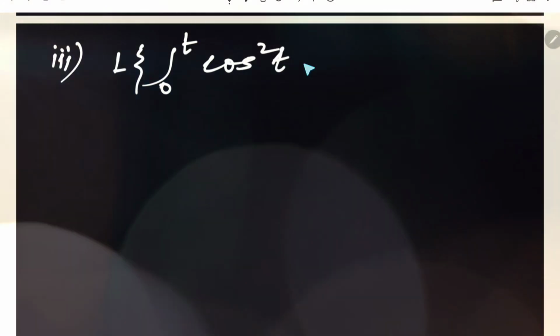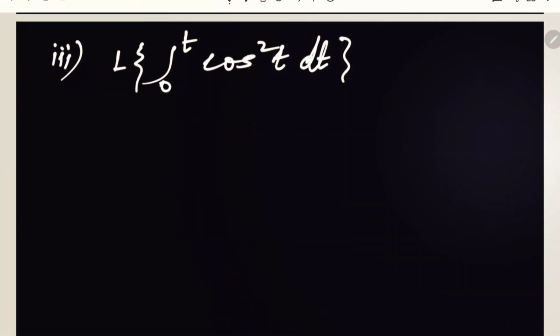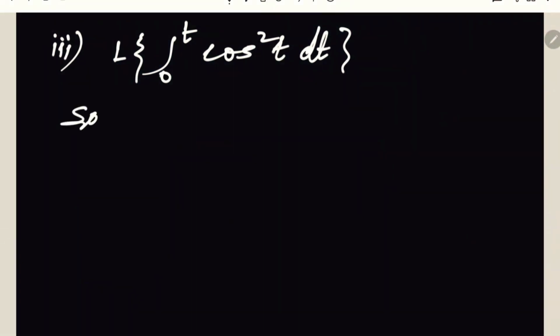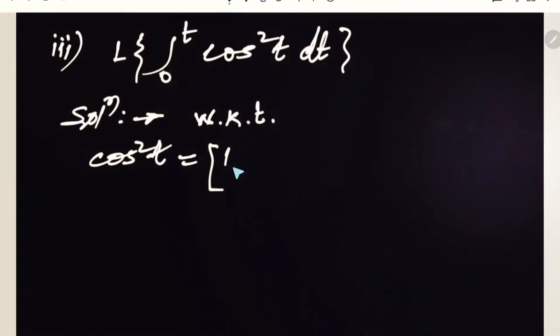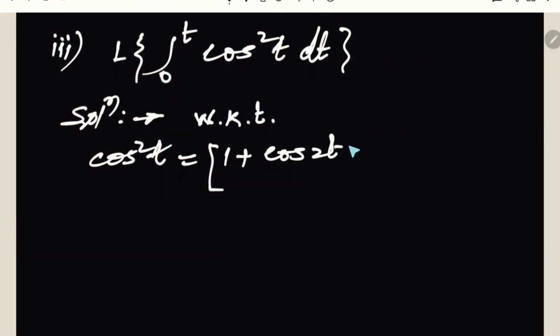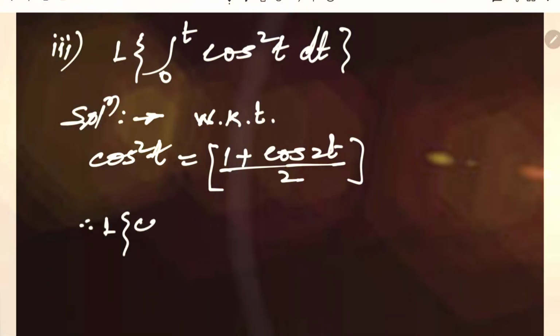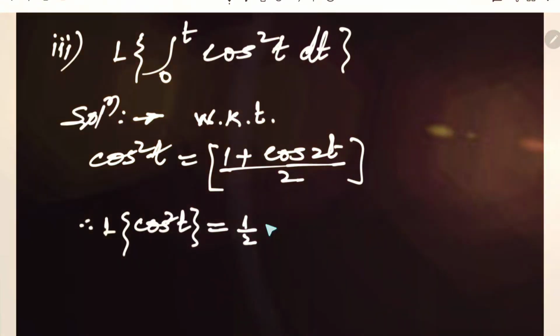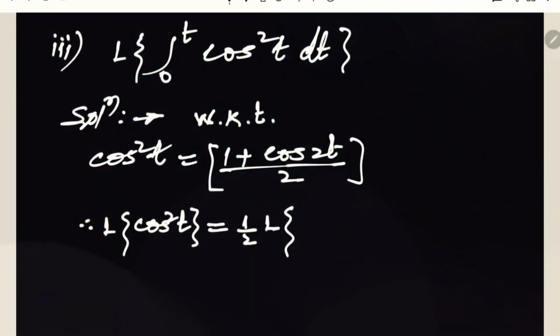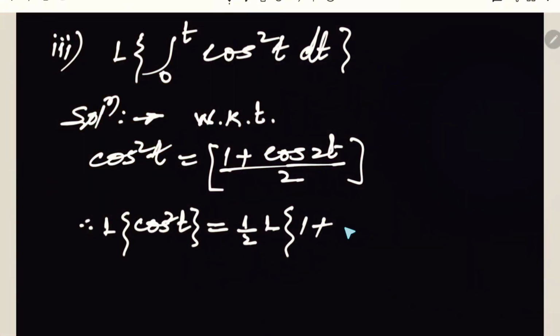Laplace of integration from 0 to t of cos square t with respect to t. To obtain the Laplace of cos square t, we first convert it using the standard trigonometric result, 1 plus cos 2t divided by 2. This is the first step. Then we take the Laplace of the right hand side term. 1 by 2 we take outside, Laplace of 1 plus Laplace of cos 2t.